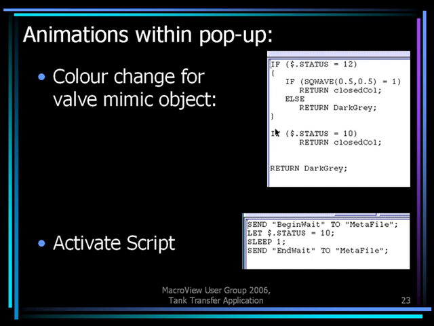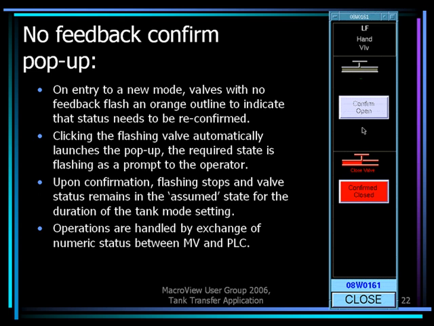Okay, once again we're using reuse of code here, so animations within that pop-up we were looking at. Within this pop-up is the actual graphical element of that valve, the red bit of pipe with the handle on it and the red product flowing up to a certain point. That's flashing when the state hasn't been confirmed, and after you've confirmed it the one time, it'll go solid.